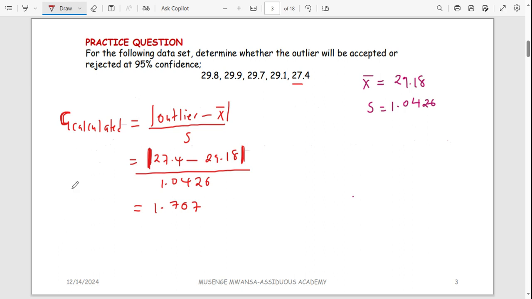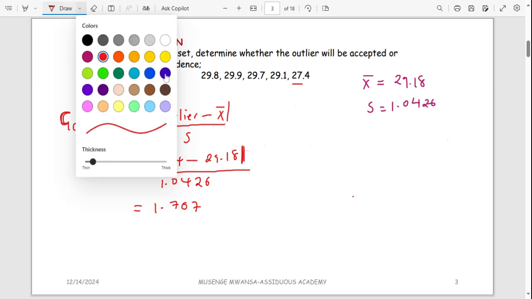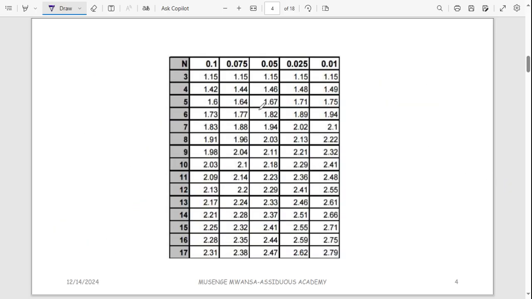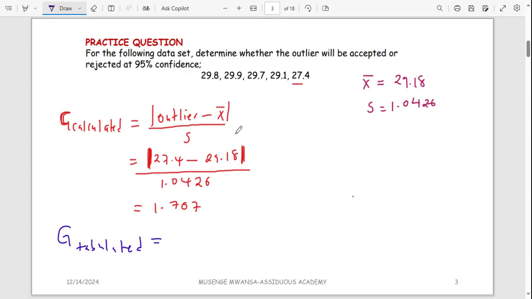Another value that you want to determine is what we call G tabulated. So the G tabulated, you are going to get it on the G test table because this is tabulated. And on the G test table, it will be provided. So you can see this is a G test table. What you want to know is first the number of items that you have and at what confidence you are dealing with. So we're dealing with 95% confidence. Our n, how many values do we have?